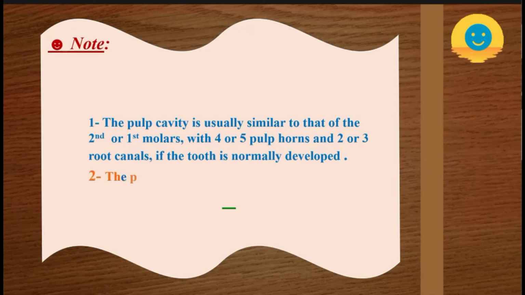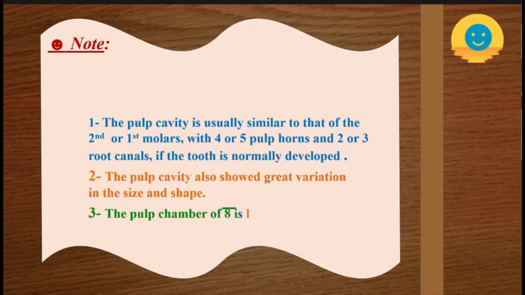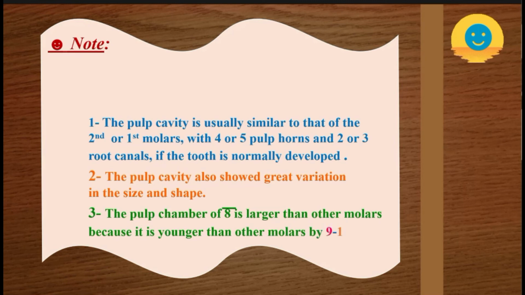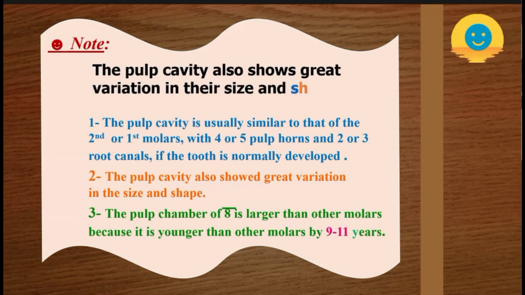The pulp cavity is usually similar to that of the first or second molar, with 4 or 5 pulp horns. It also shows great variation in size and shape. If it is like the first molar with 5 cusps, 5 pulp horns will be there.